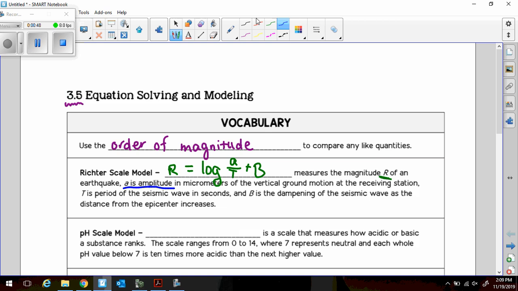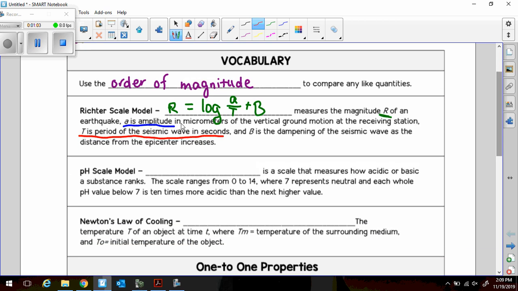T is the period of the seismic wave in seconds. And B is a dampening of the seismic wave as the distance from the epicenter increases. So where the earthquake starts or begins from.